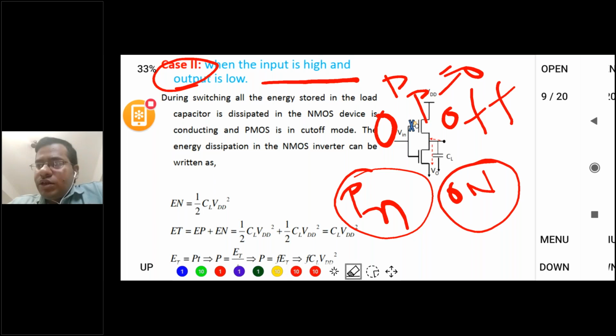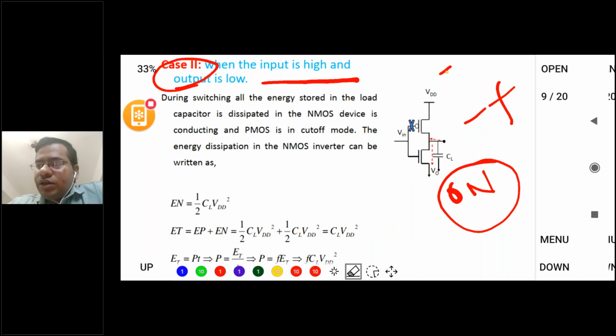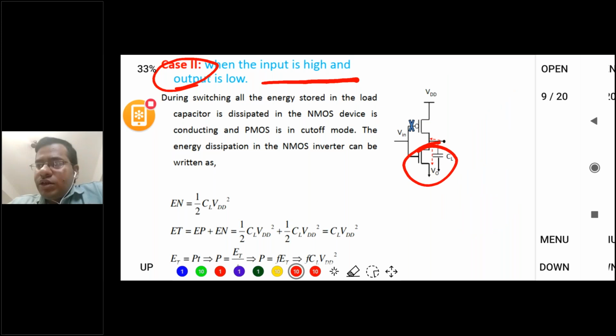Now we concentrate on this NMOS transistor, because it is actually on, and this transistor consumes some power. Here we observe that if the input logic is 0, this transistor is on and your output is 1. But this transistor has consumed some power, of course, because it is in the dynamic state.